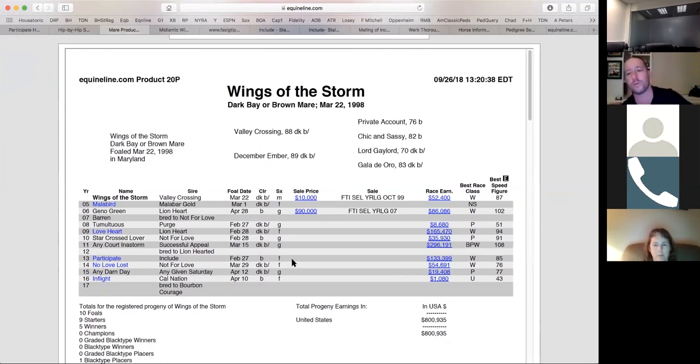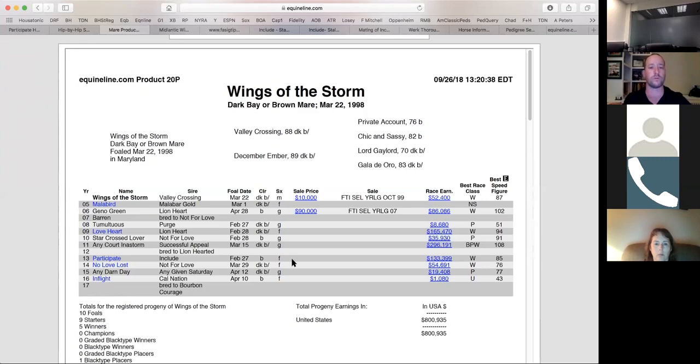So W is winner, NS is non-starter, P is placed, BPW is black type placed winner, U is unplaced, and then the speed figures are, I believe, the Equibase figures, similar to the Beyer speed figures, things like that. So you can get a general sense of the class of the family from this program. It does designate graded versus just black type.